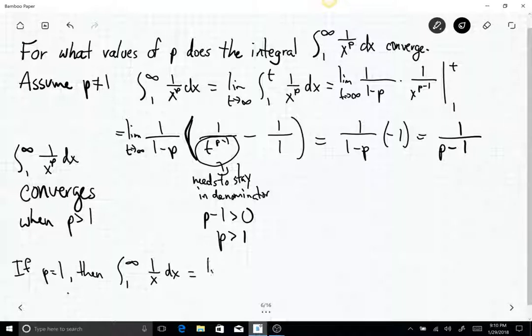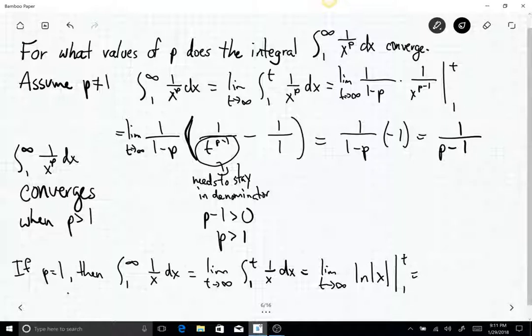And that equals the limit as t approaches infinity of the integral from 1 to t of 1 over x dx. And that means that we get the limit as t approaches infinity of the natural log of x evaluated at 1 and t.